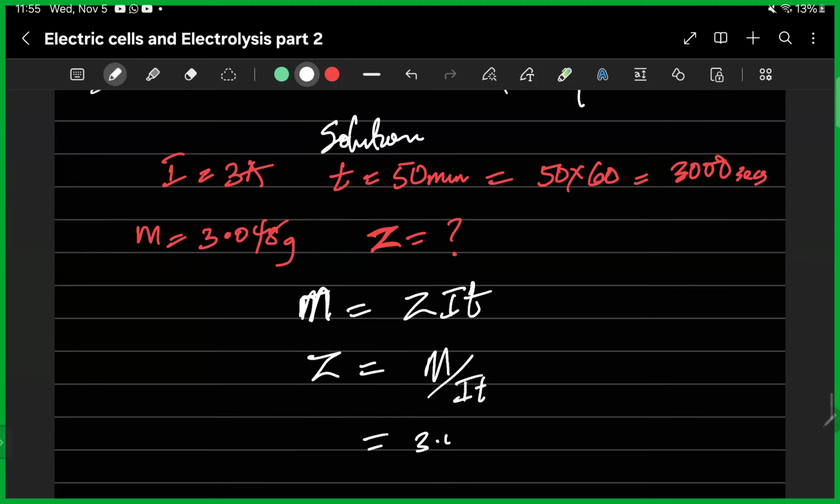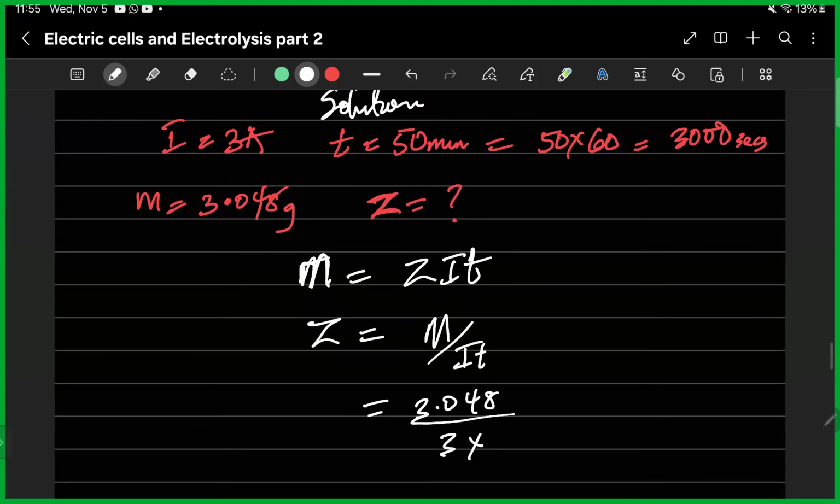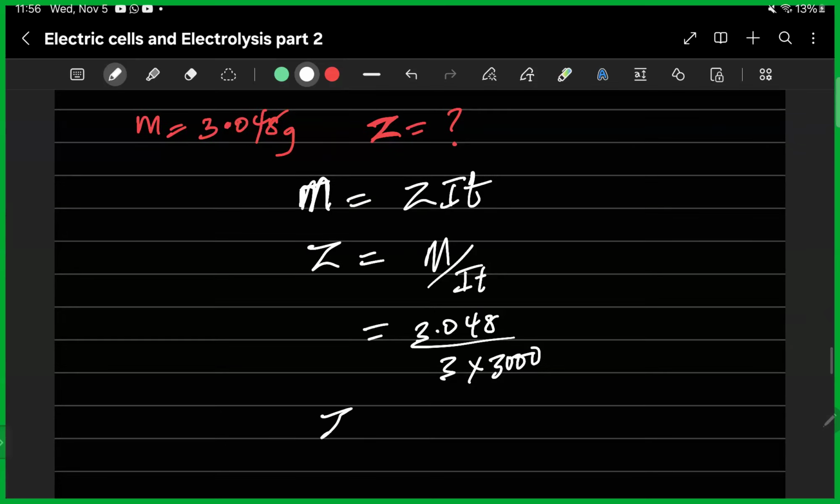M is 3.048 over 3 times 50 minutes, but this time we use seconds, times T. After using your calculator, 3.048 divided by 9,000 gives 0.0003386, or 3.386 times 10 raised to the power minus 4.